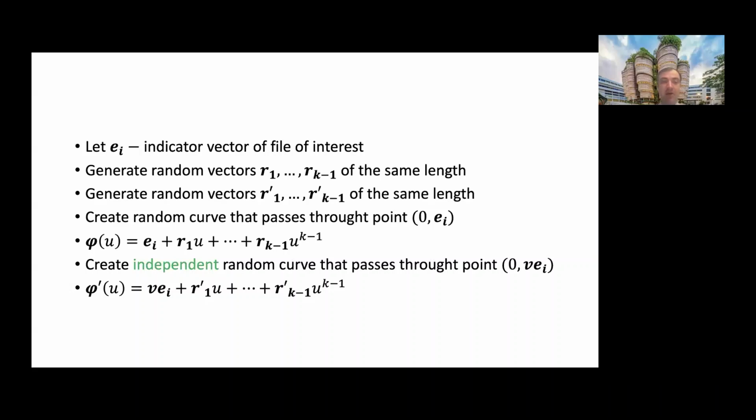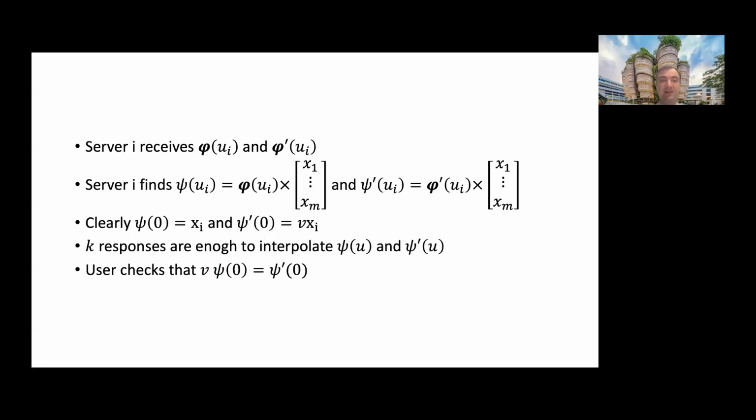After it, we create an independent random curve which passes through the point 0, v times EI. Here, to make this curve independent, we use another set of random vectors R1 prime till Rk minus 1 prime.